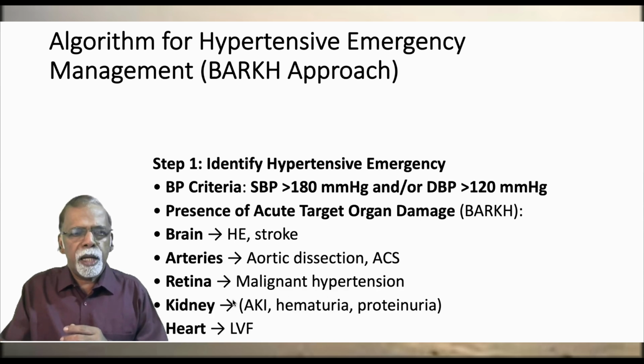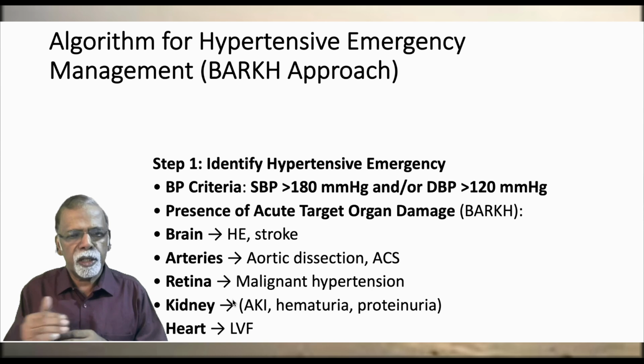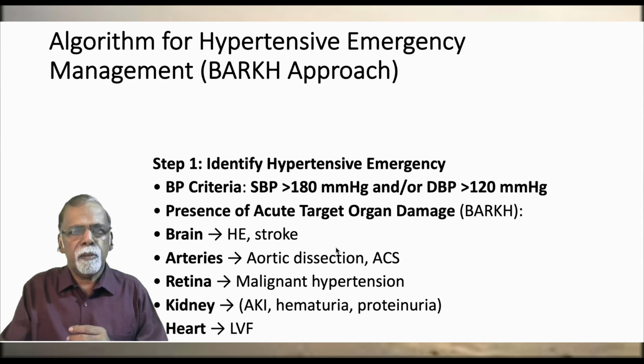A for arteries: aortic dissection and acute coronary syndrome. R for retina: malignant hypertension. C for kidney: acute kidney injury, including hematuria, proteinuria. And heart: acute left ventricular failure presenting as pulmonary edema. So this is the BARC approach.